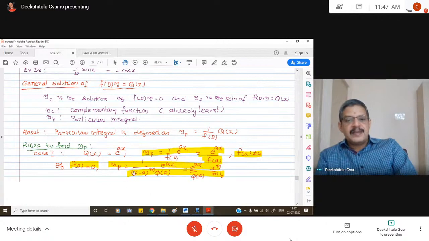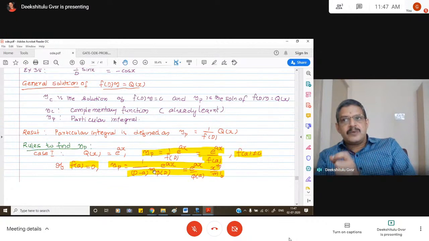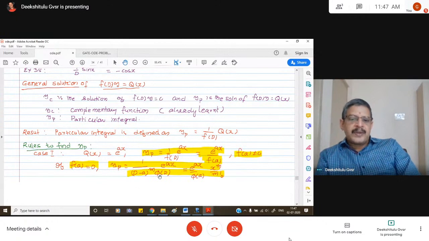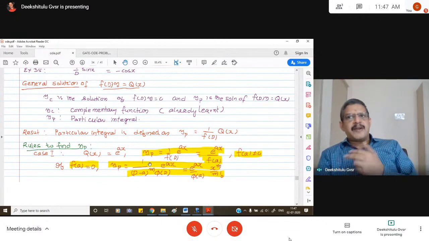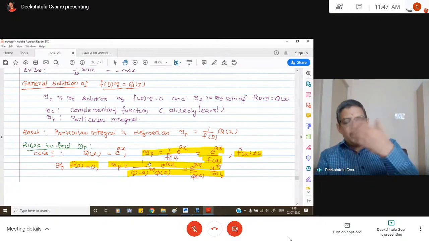Then D equal to a is a root, which means D minus a can be taken out as a factor. It may come once, or it may be D minus 1 whole squared, D minus 2 whole squared, D minus 10 whole power 10. How many times it comes, we don't know.